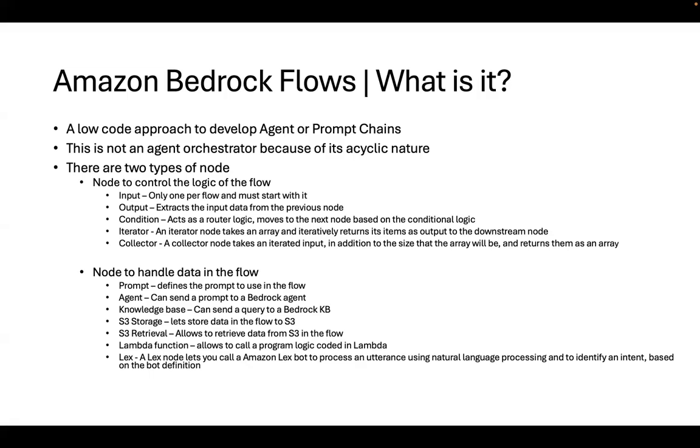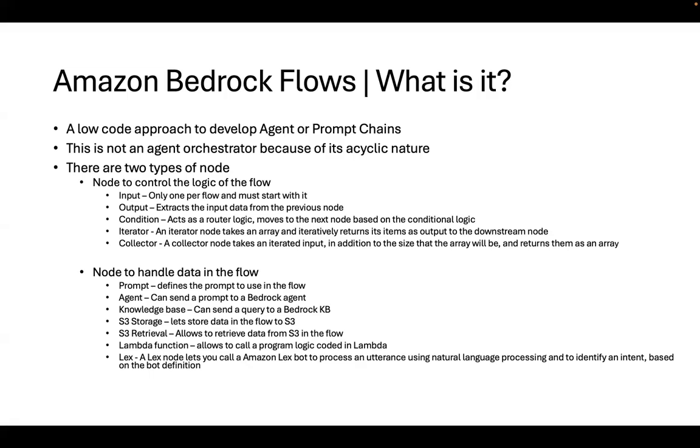There are two types of nodes that I have seen in Bedrock Flows. One type of node controls the logic of the flow, and the other type of node handles the data in the flow. The logic control nodes are of these types. There is an input node. You can have one per flow and you must start with it, and we'll see an example of all these things when I show you a demonstration.